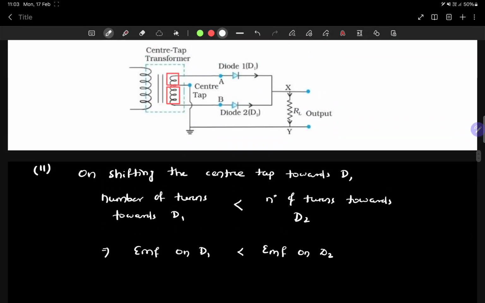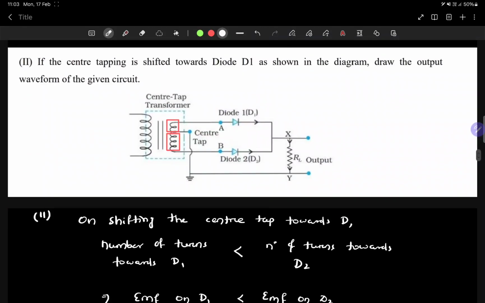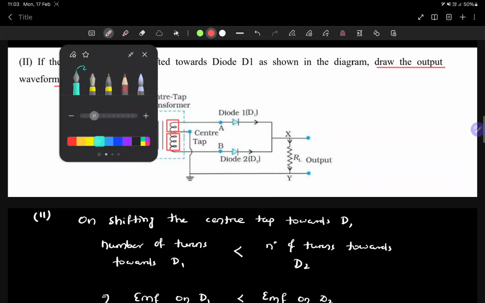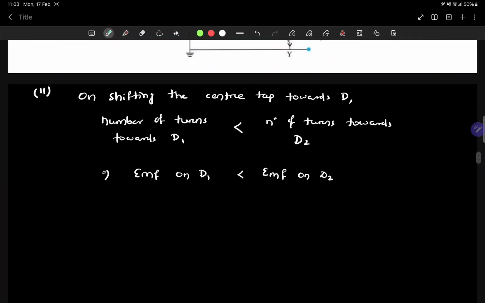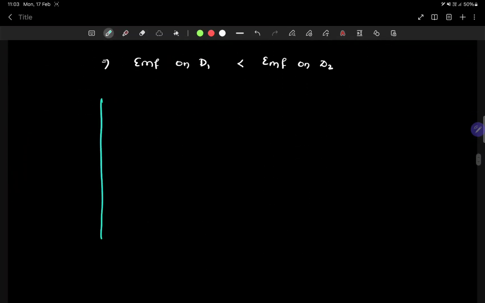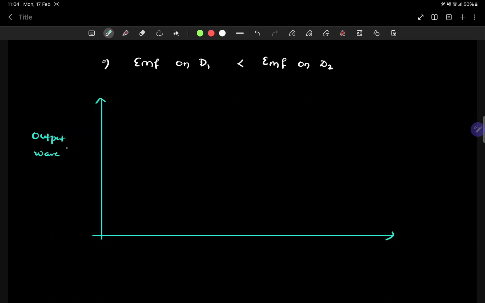Yes, so because of this reason, we have to draw the output waveform of the given circuit. In case of this full wave rectifier diagram, in the waveform diagram, now see, this is your output waveform across RL, and this is your time t.